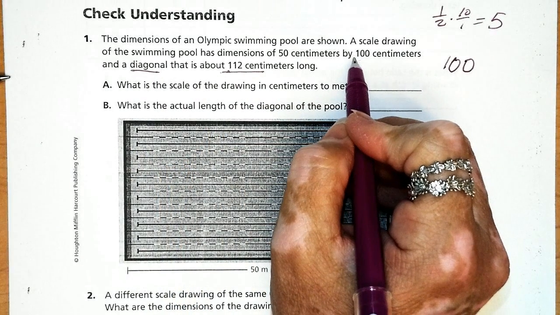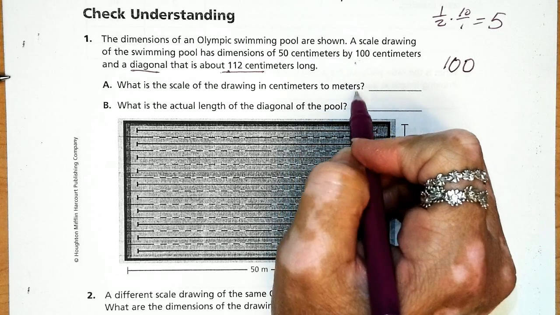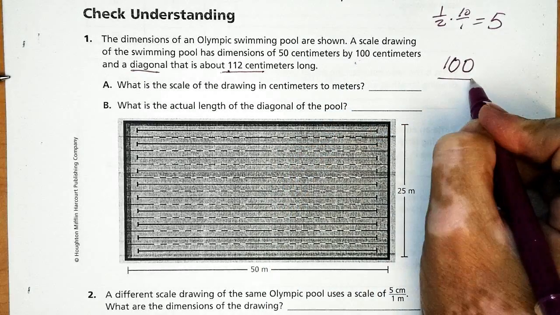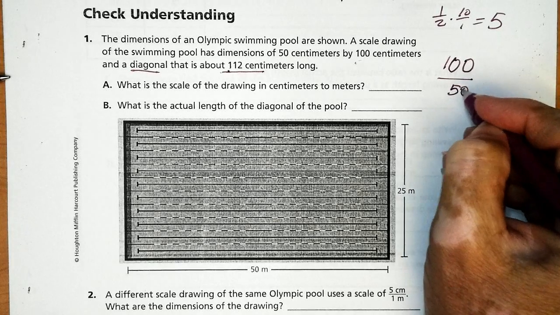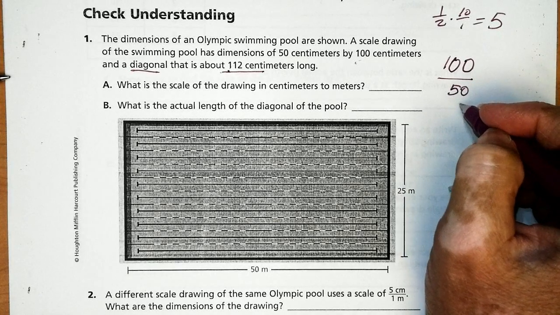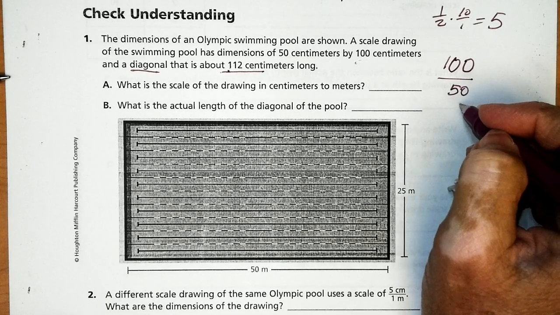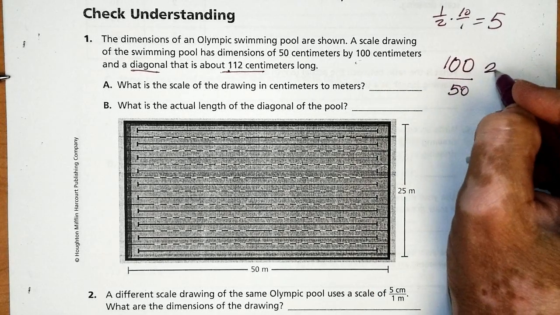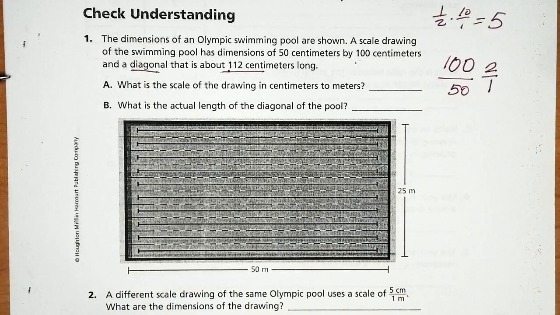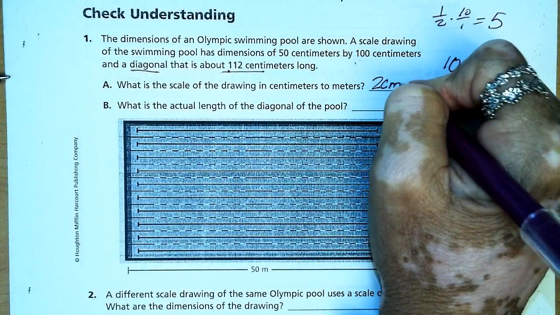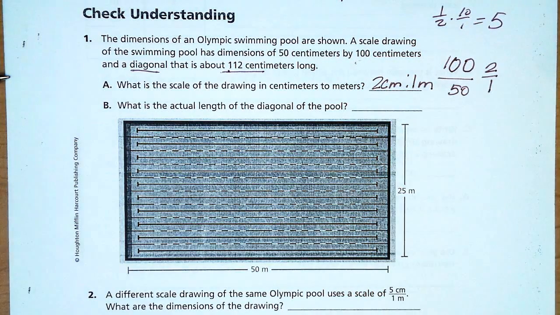But you are using 50. But what did it ask for? So we would do 100 by 50. Okay, so then that would give me 2 to 1. So 2 centimeters to 1 meter. Good job, both of you.